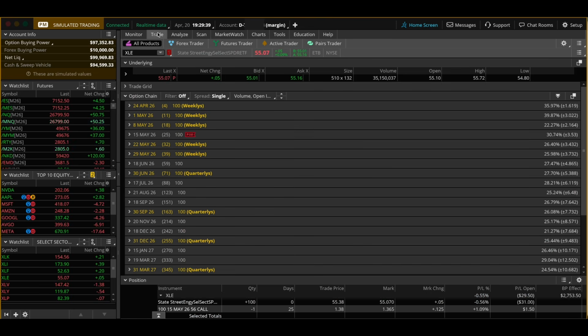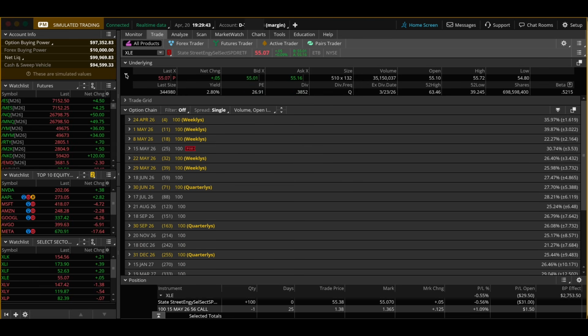And the first thing that I want to take a look at is XLE's dividend situation. So I know that it pays a dividend, and we can see here that it pays a quarterly dividend. And it went ex-dividend on March 23rd of 2026, so roughly a month ago. And at that time, it paid out just shy of 39 cents per share, and that yields about 2.8%.